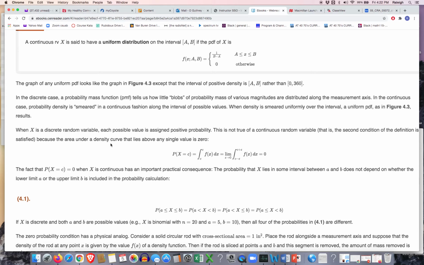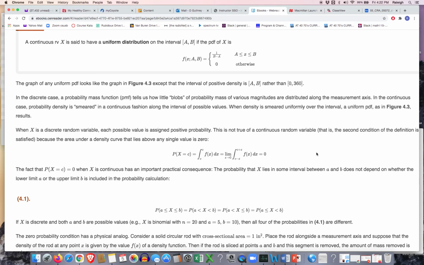And they're saying this boils down to the area of a line being 0. And so the probability over one particular value would be like integrating from C to C, or even tossing in an epsilon with the limit of epsilon going to 0. You're still going to get 0. And even probably a better idea is when you slice a rod of some kind, or maybe just a pretzel stick or something like that.